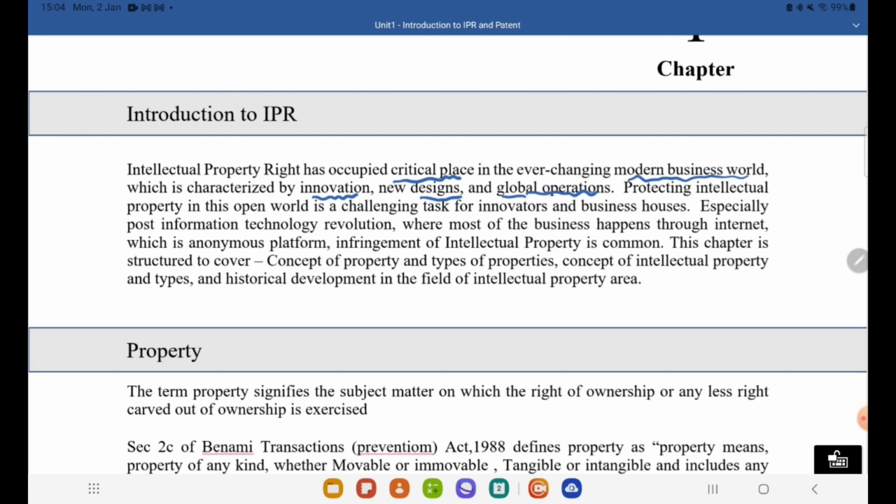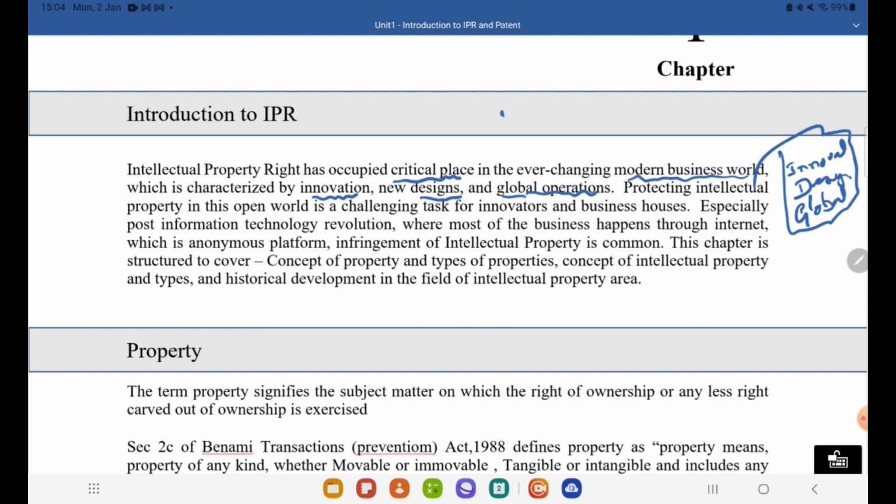It is global. So innovation, designs, and global business are very common characteristics of a modern day business. And under this complex business situation, it is very difficult to protect intellectual property rights.